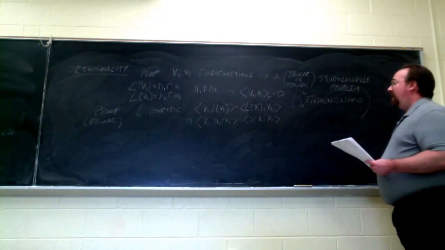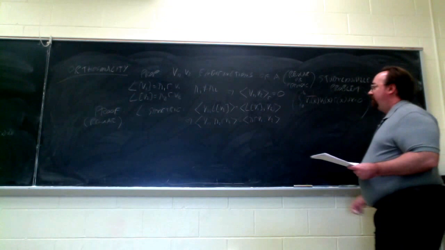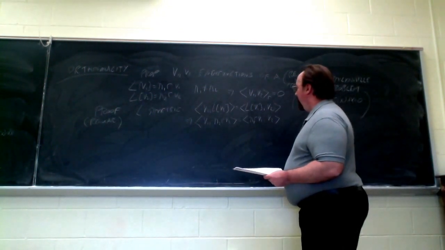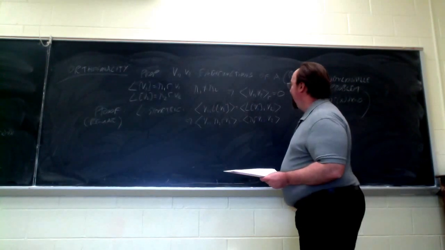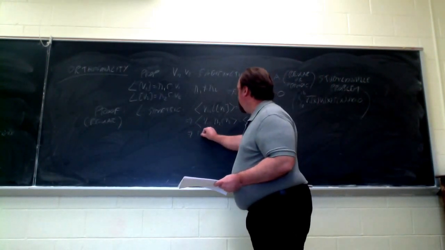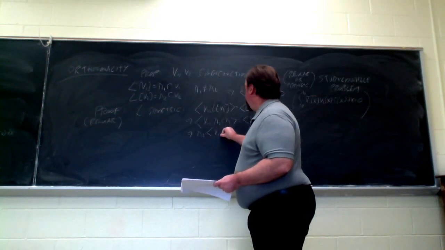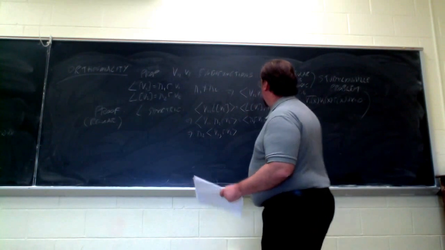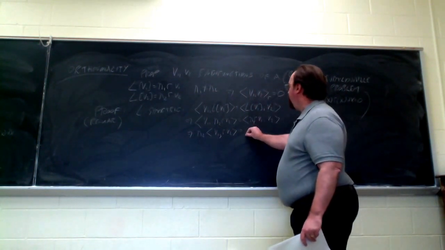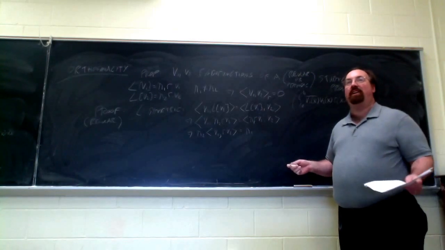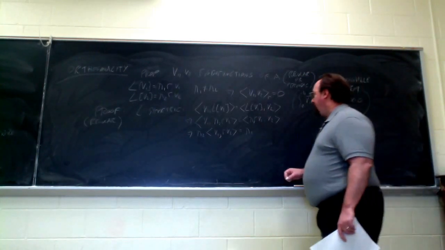Now I can pull out a lambda 2 from the one side, and over here I can pull out a lambda 1. Normally I would have to pull out a lambda 1 conjugate, but we already established that the eigenvalues are real, so there's no need to conjugate.